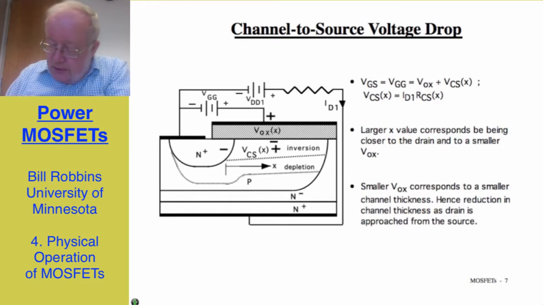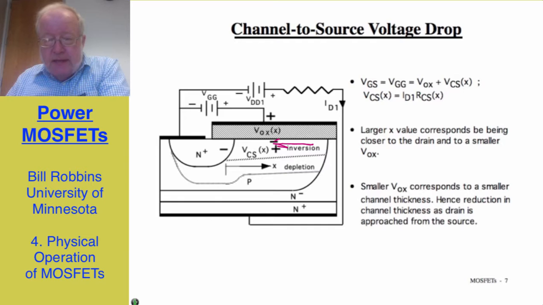Because of the current flow from the drain end toward the source end in this direction parallel to the interface that I've been talking about, I'm going to have a voltage drop along the channel. That voltage drop, if we make the reference for that voltage drop the source, is smallest adjacent to the source, and as I move in the positive x direction toward the drain, the channel to source voltage increases.